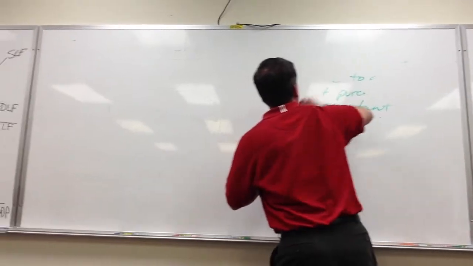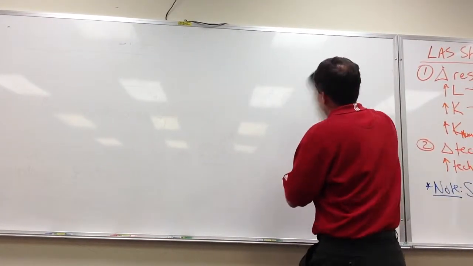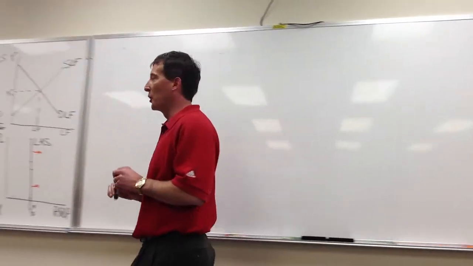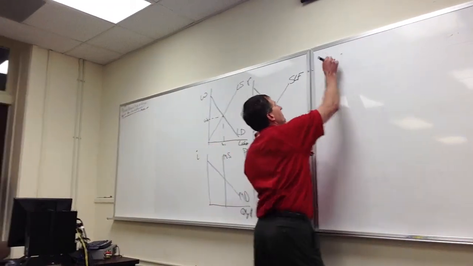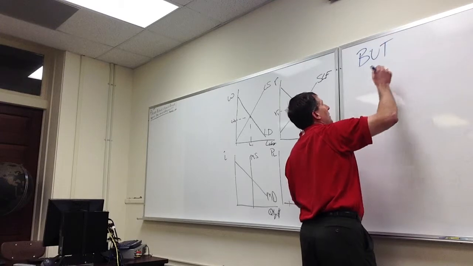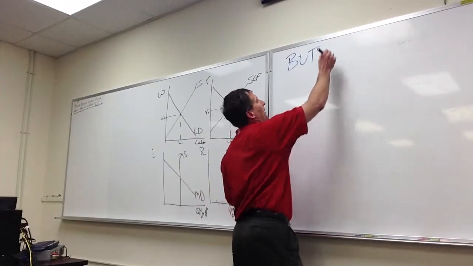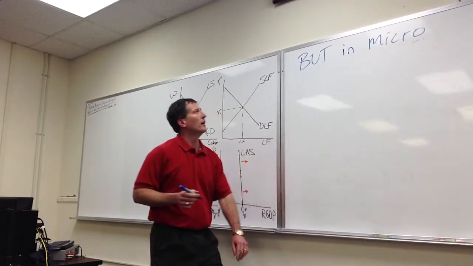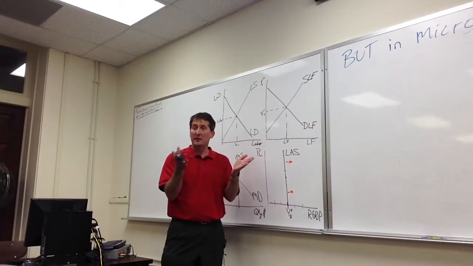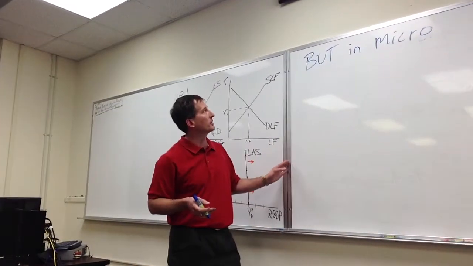Okay, so question for you. How can the average firm, or most firms, have an upward sloping supply curve? So let's put a big but up here. But in micro, which I know some of you haven't had micro, but we did do this in chapter 15 with the supply curve we use.